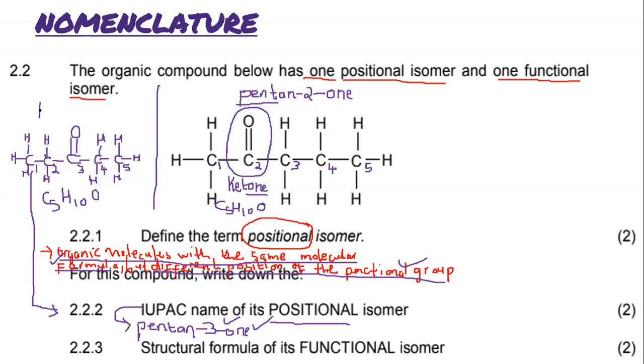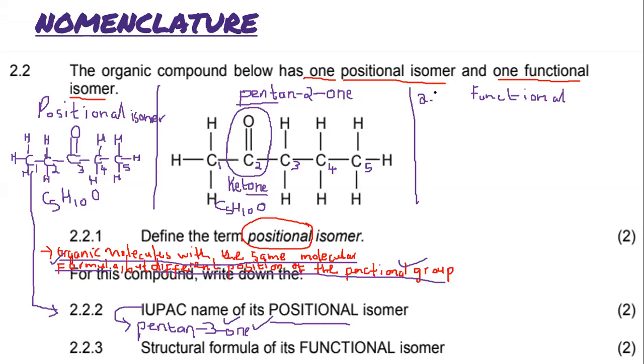So this one was the positional isomer. Now we must give the functional isomer. So here we are going to draw the functional isomer, which is the structure that they are looking for.